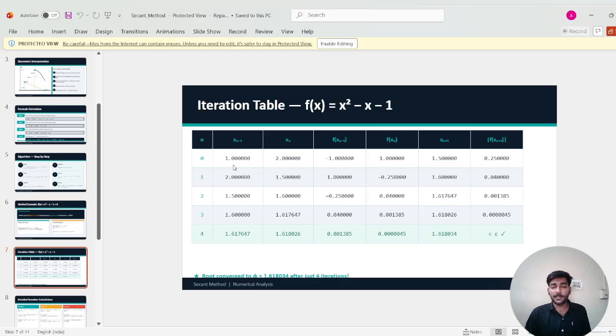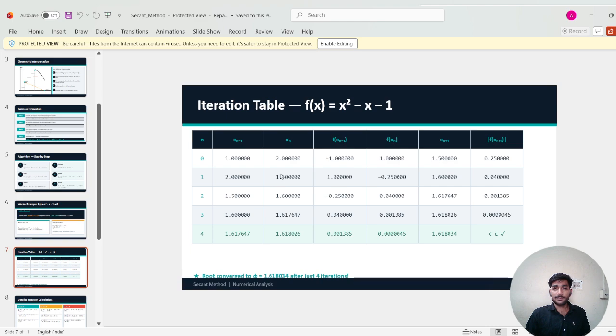Here we use a table to demonstrate the iterations. First of all, we take the value of x0 equal to 1, x1 equal to 2, and find the value of f of x, which gives 1.5. Then f of x(n+1) is more than e, so we have to go on and update the values.